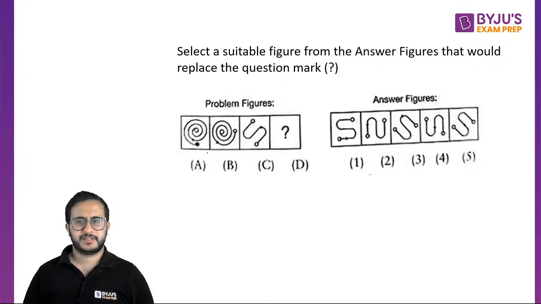See, first thing is rotation. Rotation by 90 degrees. This is coming this side, right? So this will be rotation by 90 degrees. So this dot should come this side, and the shape remains the same.